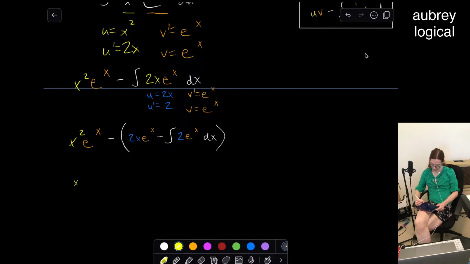So now we've just been reduced to one function because the 2 is just a coefficient.